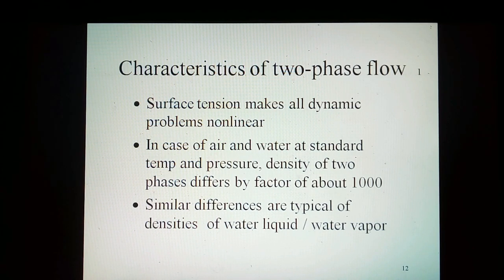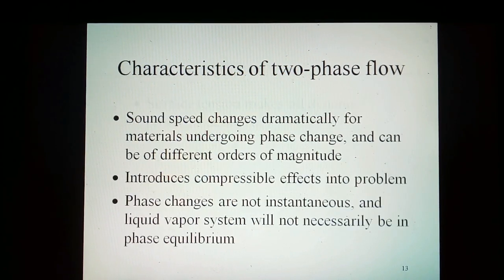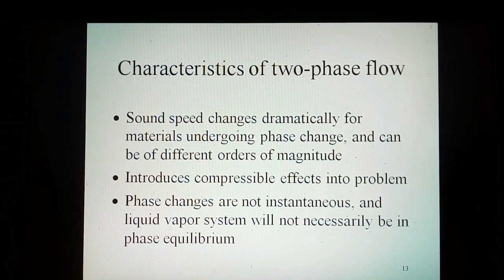Similar differences are typical of water liquid and water vapor densities. The sound speed changes dramatically for materials undergoing phase change, and can be orders of magnitude different. This introduces compressible effects into the problem. The phase changes are not instantaneous, and the liquid-vapor system will not necessarily be in phase equilibrium.